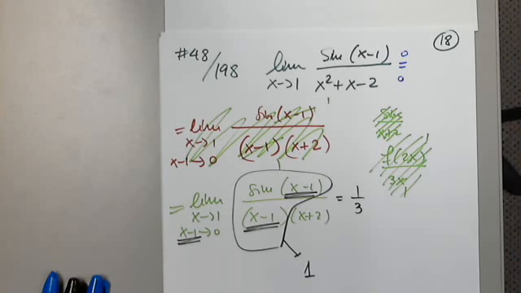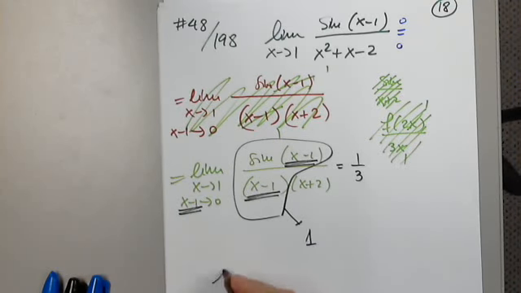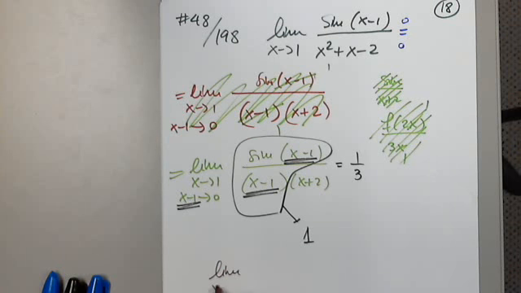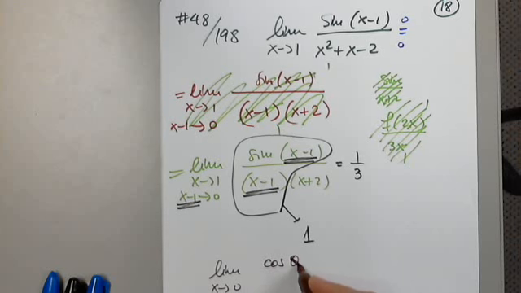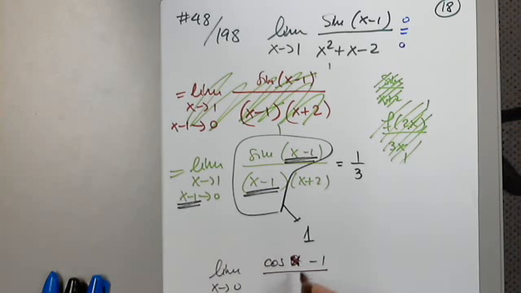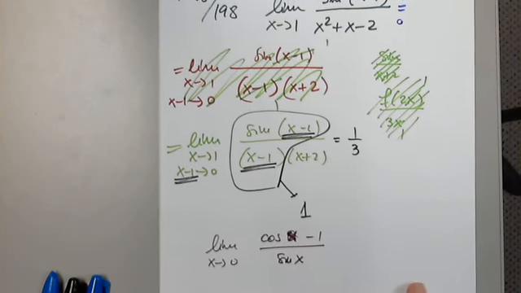No, I'm sorry. Okay, so one last one that I would like to look at is something like this. Limit as x approaches 0 from cosine x minus 1 over sine x.